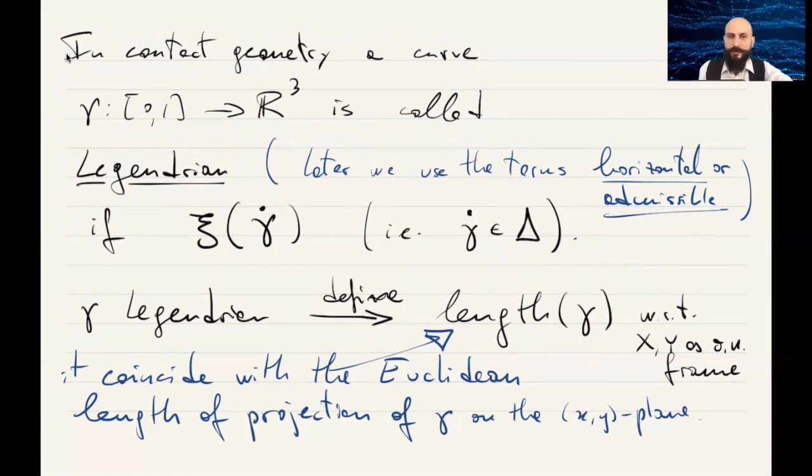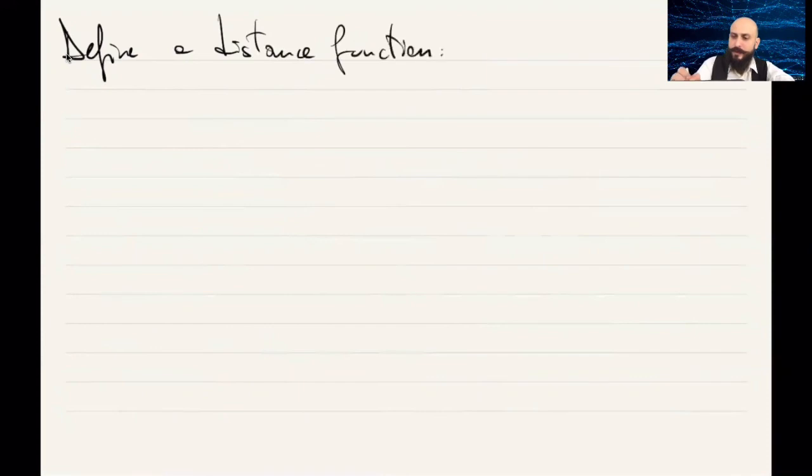Now that we have curves, we can measure the length of these curves. We can define a distance. So define a distance function, which sometimes is also called contact distance. Let's put a C for contact.